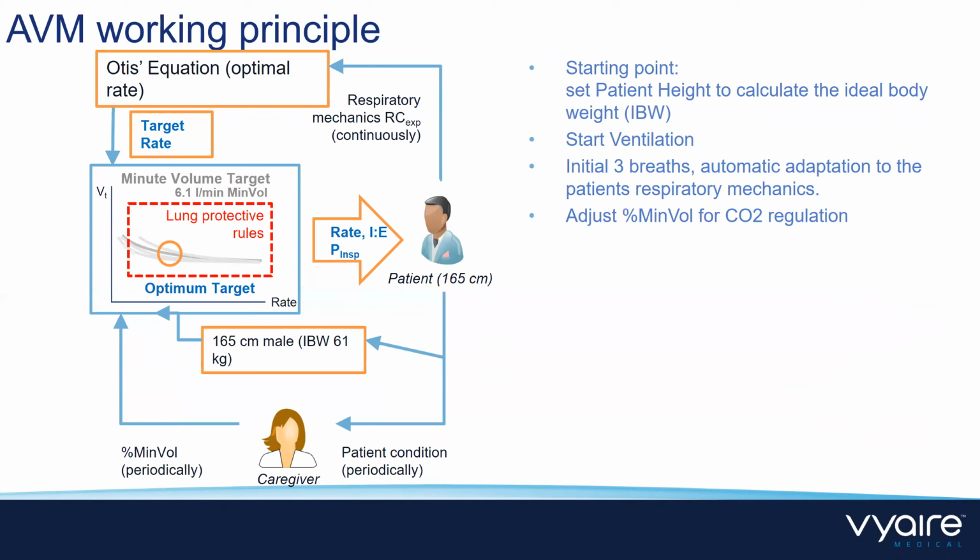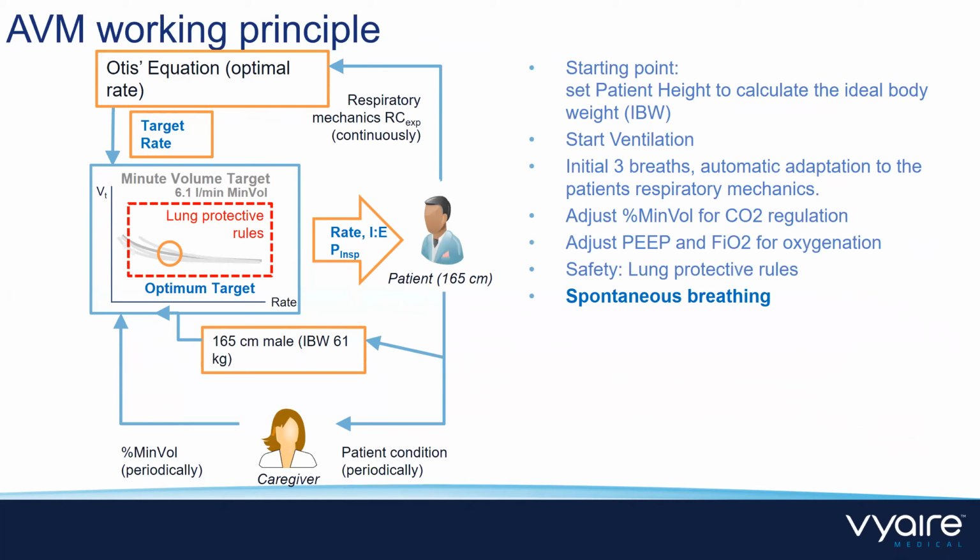You can also use the ETCO2 measurement of the patient to do this. Adjust PEEP and FiO2 for oxygenation as you would do in any other mode. There are the lung protective rules we were talking about to prevent trauma, to prevent autopeep, to prevent dead space ventilation and apnea. And of course, the patient is allowed to breathe spontaneously all the time.